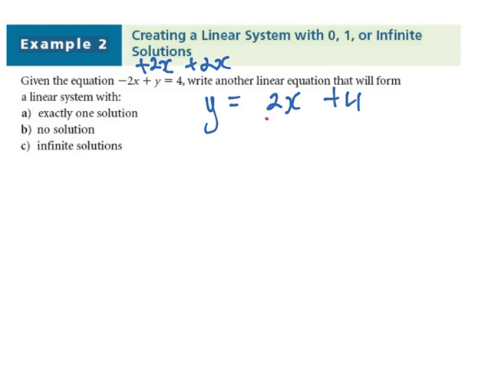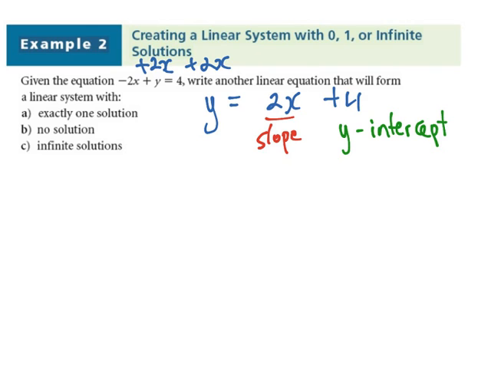Again, the 2 stands for the slope, and the 4 is the y-intercept. So recall that for exactly one solution, the slopes have to be different, and the y-intercepts also have to be different.